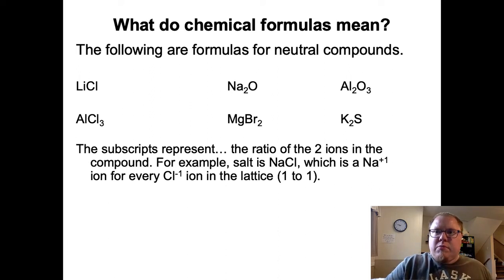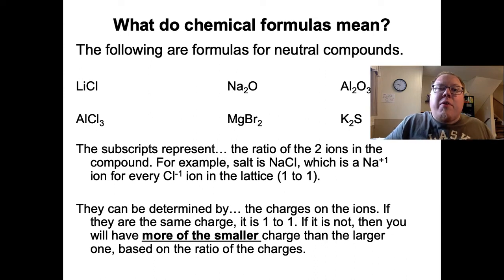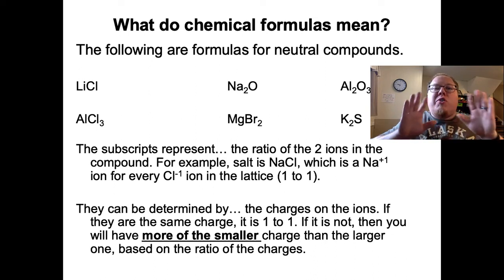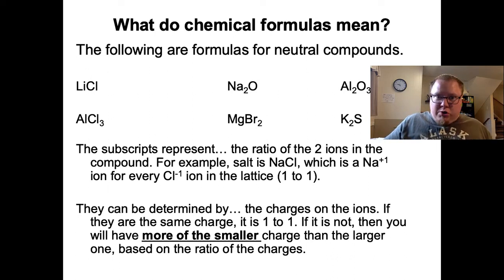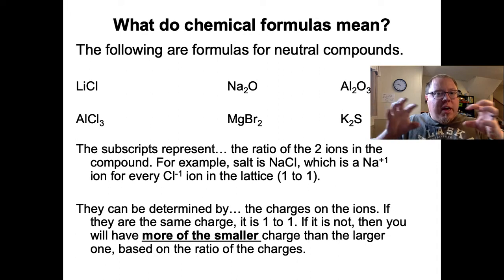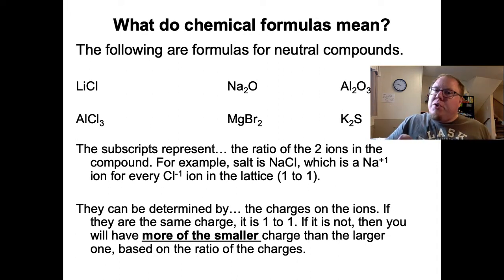All right? Now, how do we figure out these ratios? It's all about the charges on the ions. If they are the same charge, okay, that means the positive charge and the negative charge perfectly cancel each other out when they stick together, and so it'd be a 1-to-1 ratio. However, a lot of times you can have maybe a positive 1 and a negative 2. Right? That is actually the case with the sodium and the oxygen here. Sodium is a positive 1 and the oxygen is a negative 2.